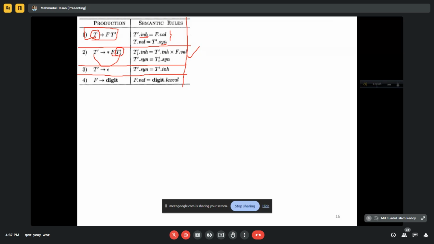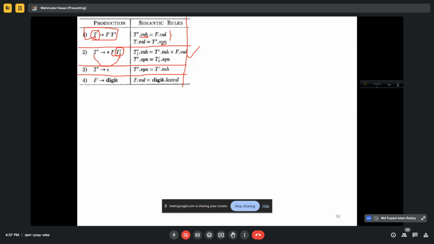So this is the inherited attribute, because the value of T1 dash you get by multiplication of sibling and parent value.